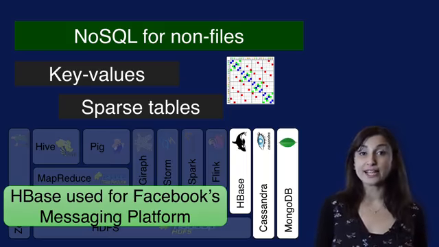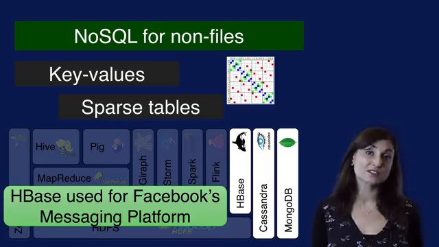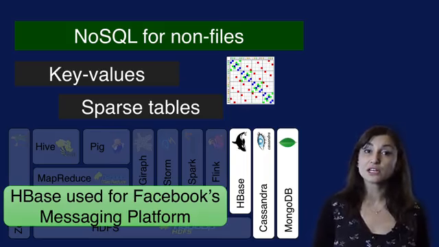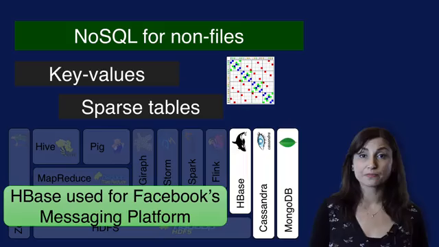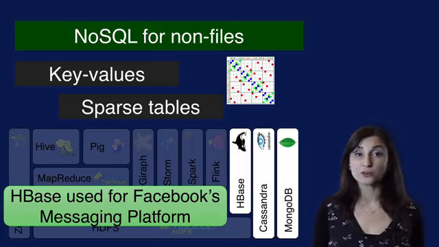Sometimes, your data or processing tasks are not easily or efficiently represented using the file and directory model of storage. Examples of this include collections of key values or large sparse tables. NoSQL projects such as Cassandra, MongoDB, and HBase handle these cases.